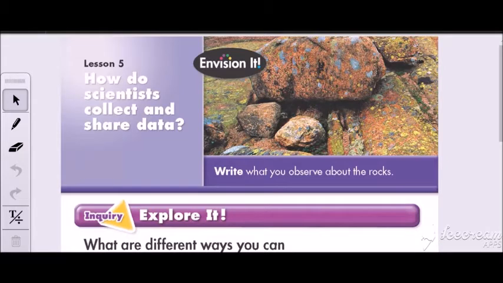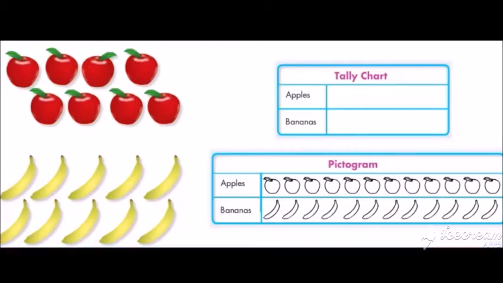Data is the information about something. Data is what you observe about something. And there are many ways to record and collect data. Let's see. As you see in this video, we have 8 apples and 10 bananas.